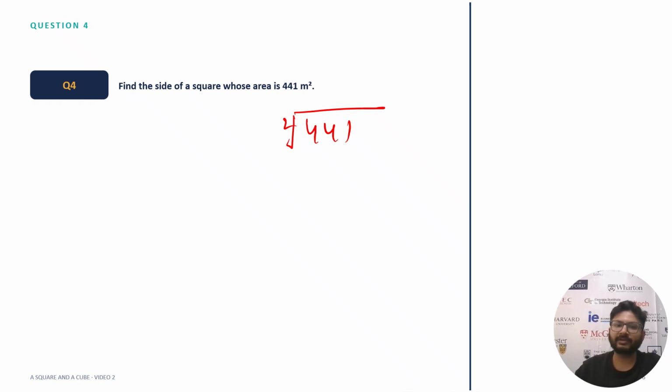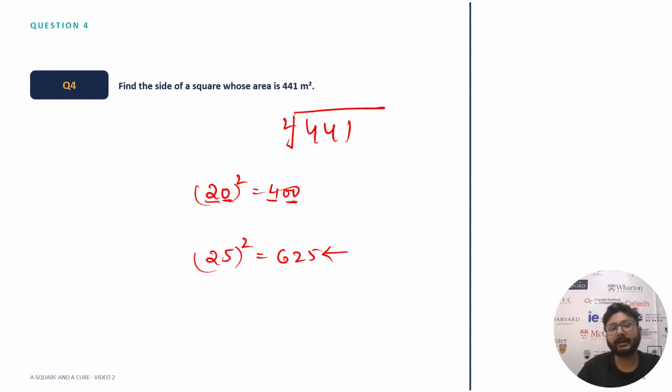So if I do the approximation, 20 square is equal to 400. 2 square is 4 and 10 will produce 2 zeros because there is a square over it, right? Similarly, 25 square is equal to 625, which is a way higher number.